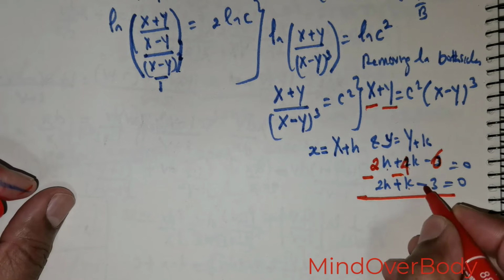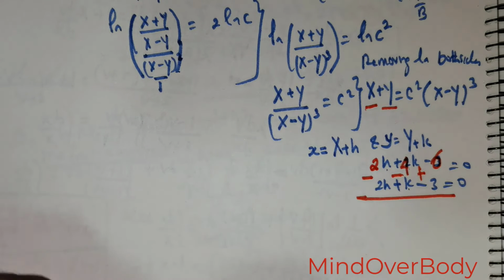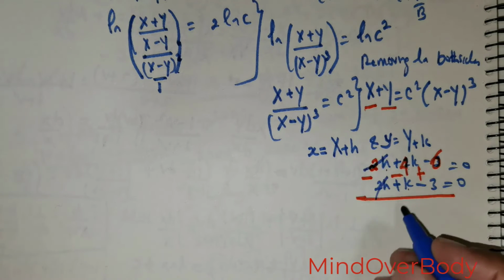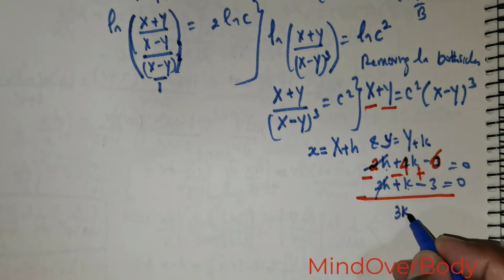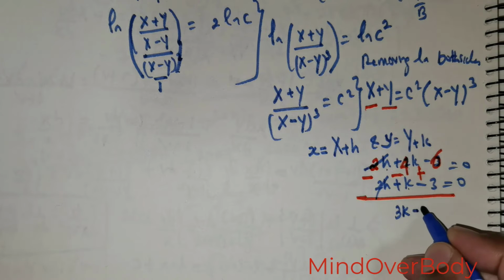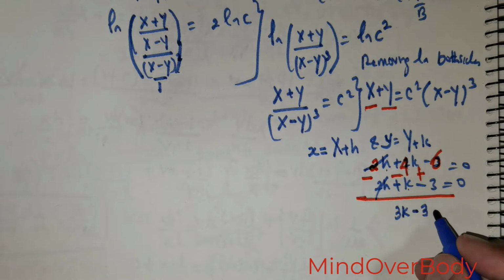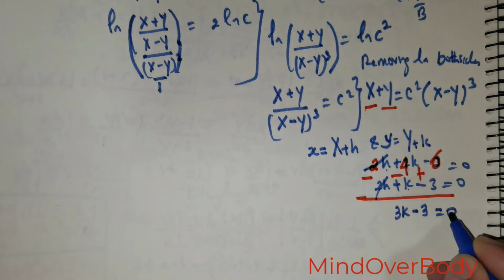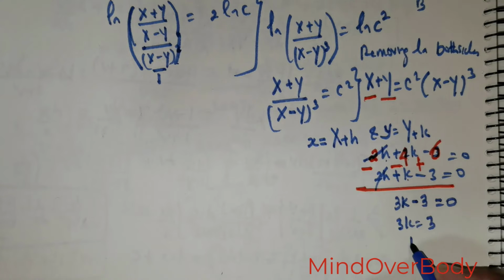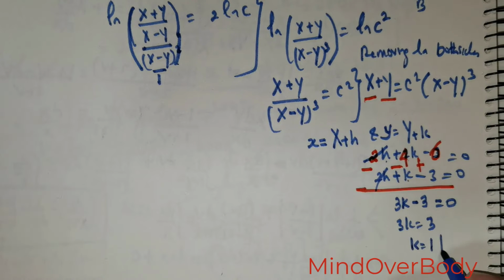Plus is the minus, minus is the plus. So if I were to do this, 2H and 2H, they get cancelled. I get 4K, negative K, that means 3K. Now negative 6 added with positive 3 would give me negative 3 is equal to 0. So 3K is equal to 3, therefore my value of K is 1.